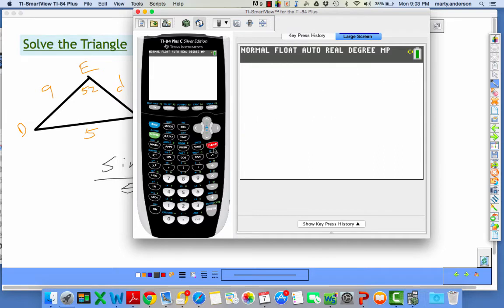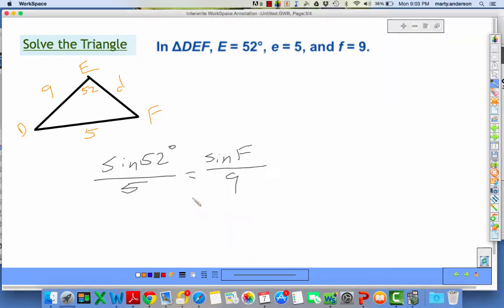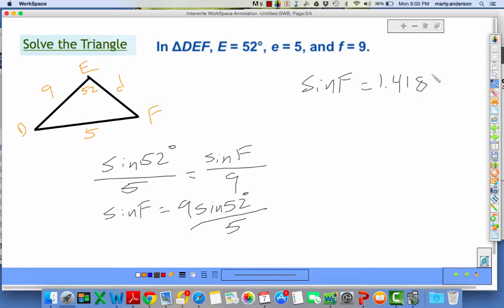Oops, that's wrong. 9 sine 52, parenthesis, divided by 5. Very important. And I get 1.418. So after I cross multiply, I get sine of f equals 1.418.